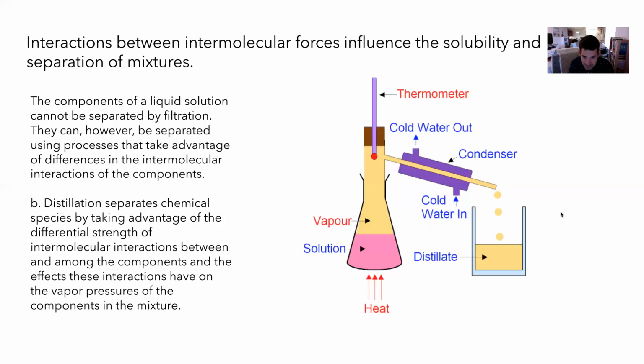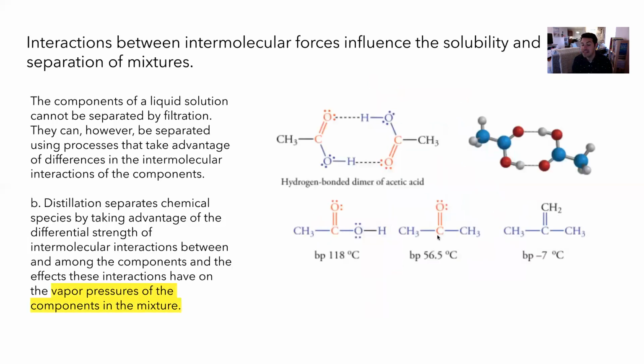Very boring process. Again, if we're looking at these three different components, it's typically used distillation in organic chemistry. Boiling points of 118 degrees C, 56.5 degrees C, and -7 degrees C. All right. If you had a mixture of any two of these, you would use those boiling points to figure out where you would want to set your distillation.